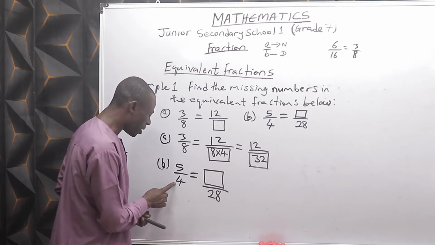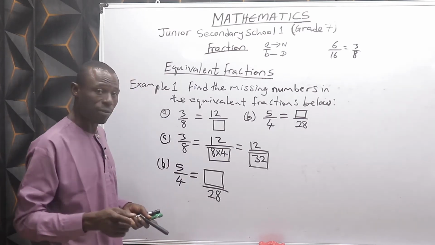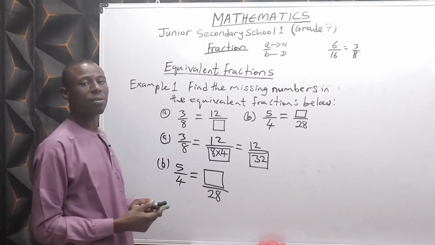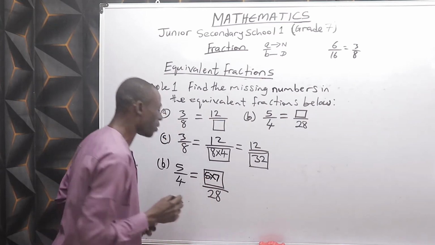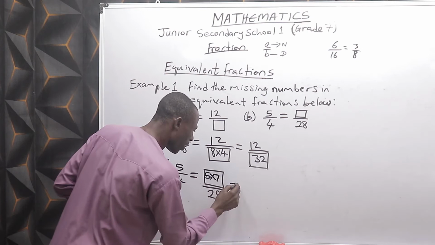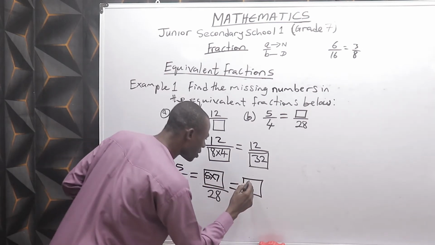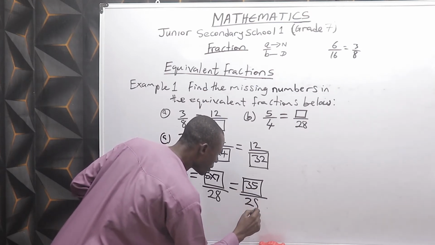If 7 multiplies this 4 to become 28, that same 7 must multiply this 5 to become whatever we have here. That means 5 times 7. So finally, in the box, we will have 5 times 7 is 35 over 28.